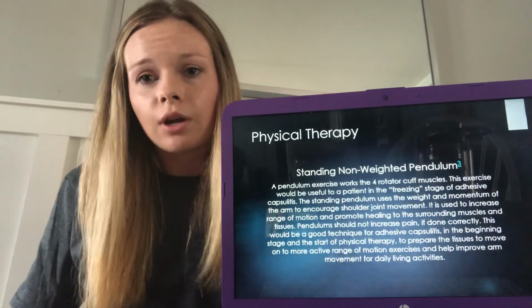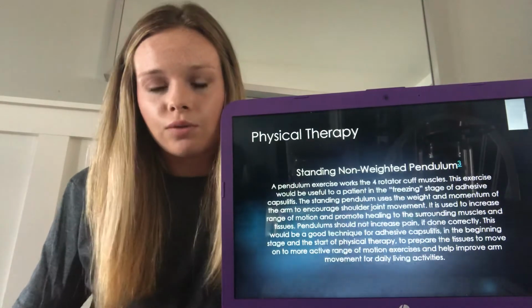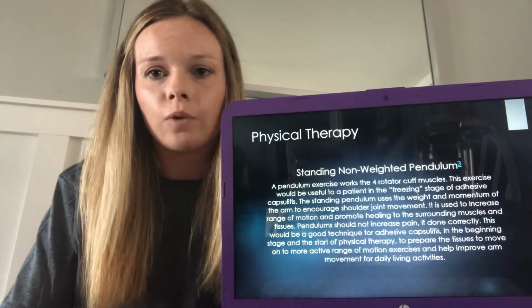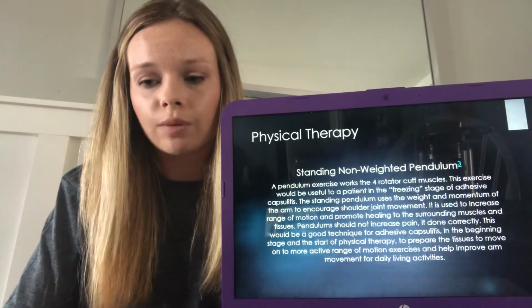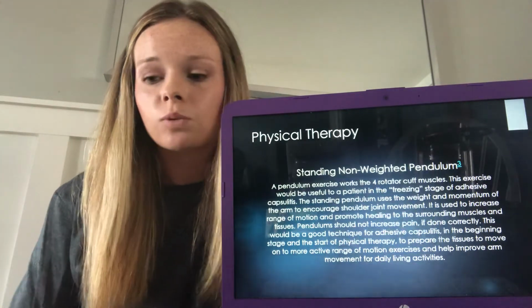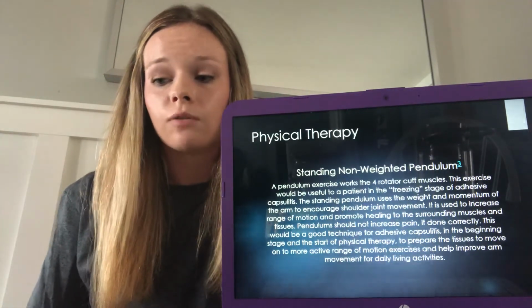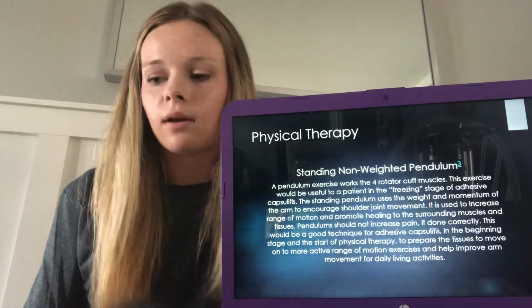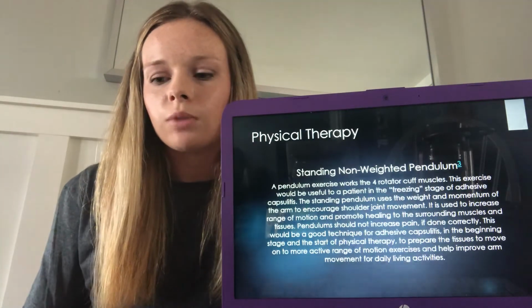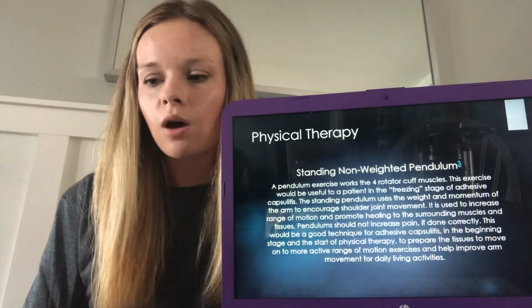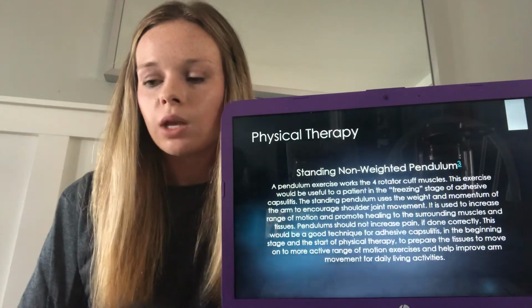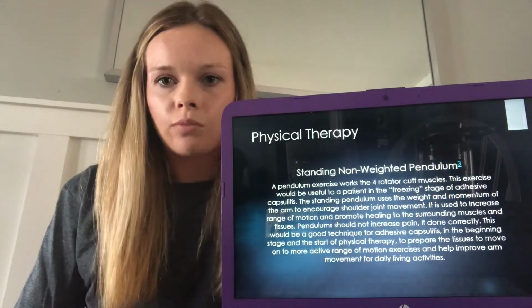So in physical therapy, a good exercise to do for frozen shoulder would be a non-weighted standing pendulum. This exercise would be useful to a patient in the freezing stage of adhesive capsulitis. The standing pendulum uses the weight and momentum of your own arm and body to encourage the shoulder joint movement.